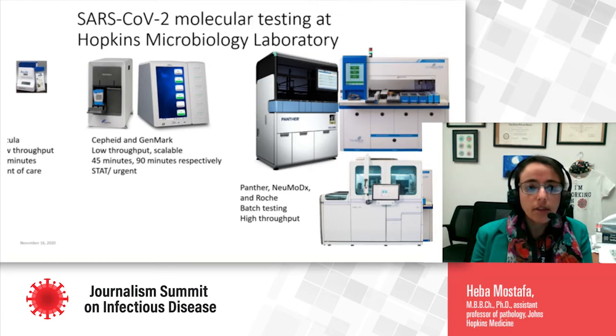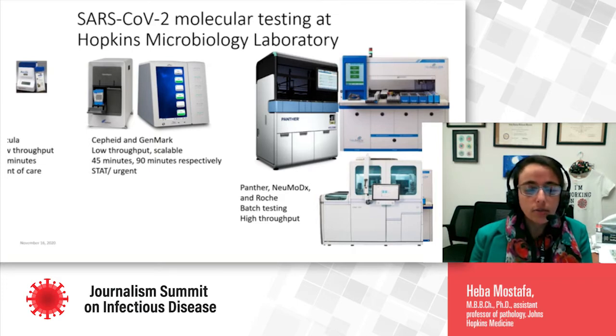Then in the middle we have some options that we use as stat, which means assays that run with a very quick turnaround time of the results. And then on the left side, sorry, I keep confusing right and left, we have the large closed systems that we use for batched high throughput testing.